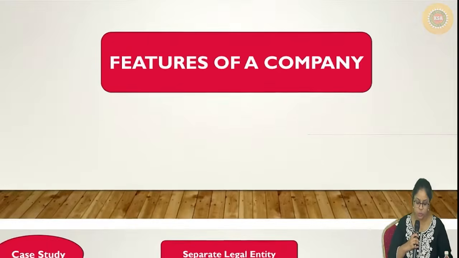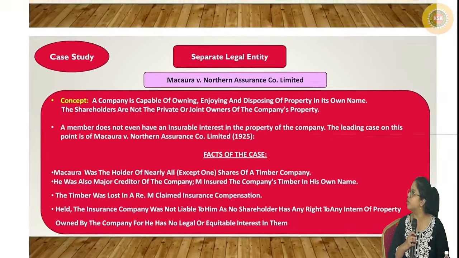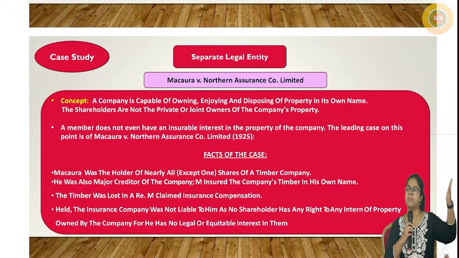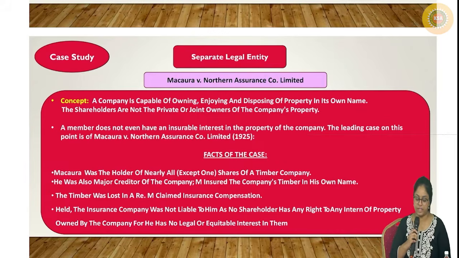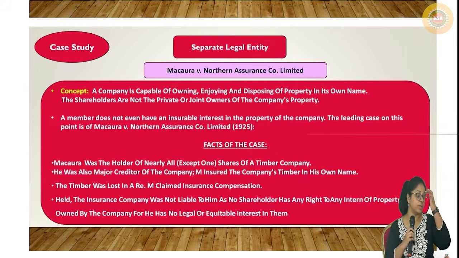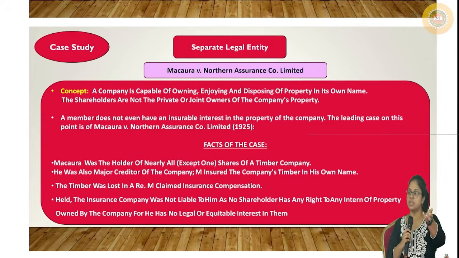Next, moving on to the features of a company. The first important feature of a company is that of a separate legal entity. Separate legal entity means the company is different and the members of the company are different. The important case law for this is Mercury versus Northern Assurance Company, in which what did Mercury do? He went and took an insurance of the goods of the company. The company basically produced furniture from timber.